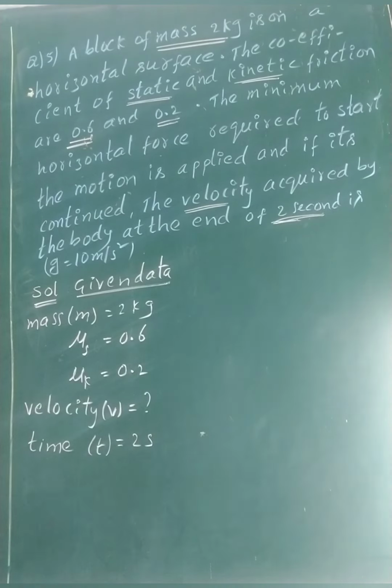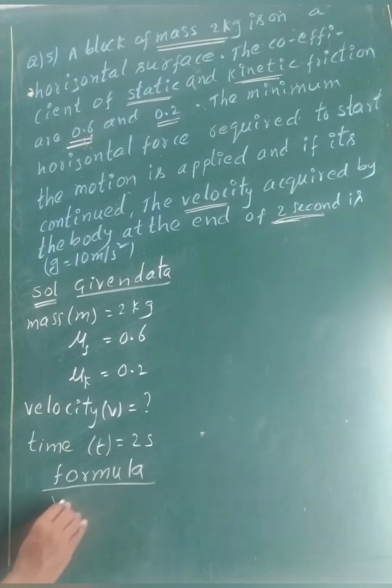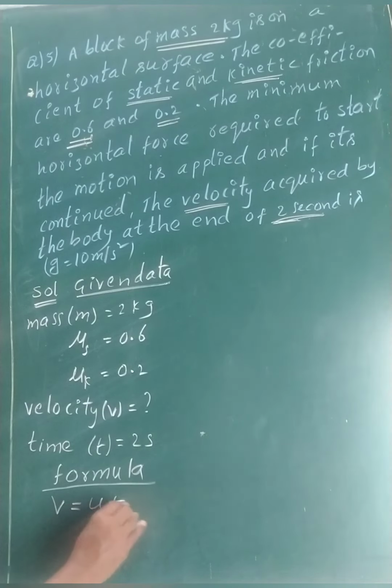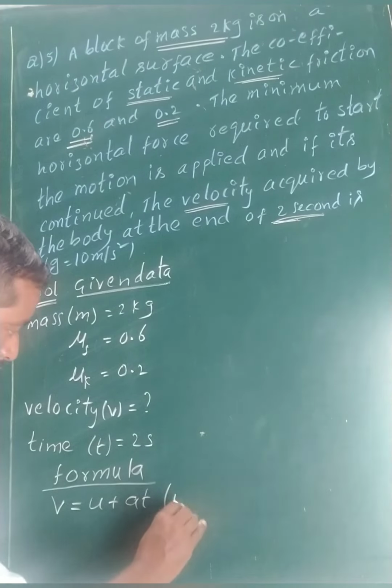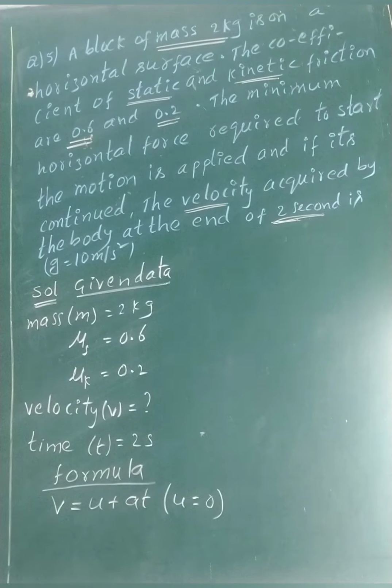Now apply the formula. Velocity at the end of 2 seconds: we apply v equals u plus at. But initially the block is at rest, so u equals 0.